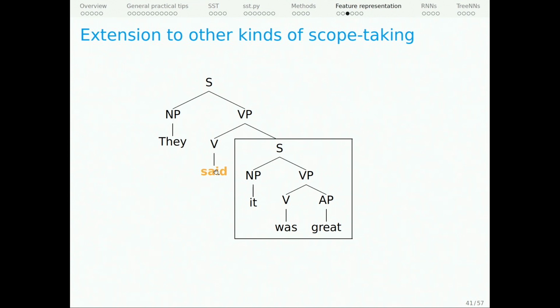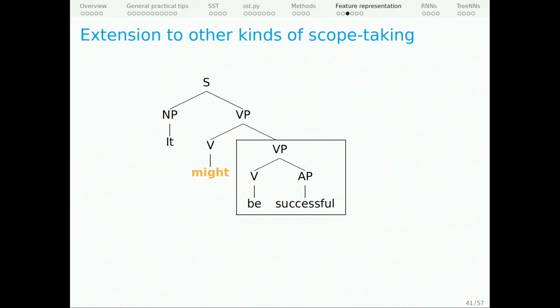And so you can imagine writing feature functions that are also marking things that are in the scope of verbs like say and claim and maybe doubt and deny, marking them in some special way so that they get treated differently by your model. And here I did another one. "It might be successful," right? That's a kind of hedge, very different from "it is successful." And you could capture that by doing some of this scope marking from might down into the thing that's next to it. And this is something that's really possible only because we have these trees.